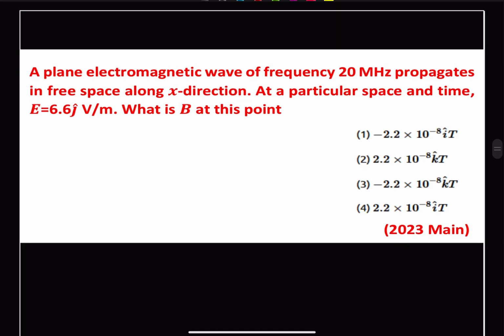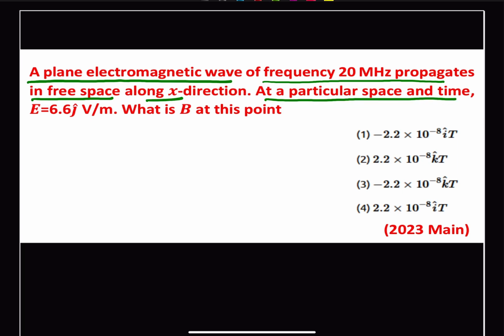Next question. It states that a plane EM wave of frequency 20 MHz propagates in free space along the x direction. At a particular space and time, E is 6.6 j unit vector volt per meter. What is B at that point? So we have to find its magnitude as well as the direction.